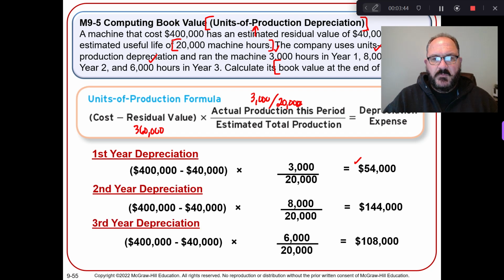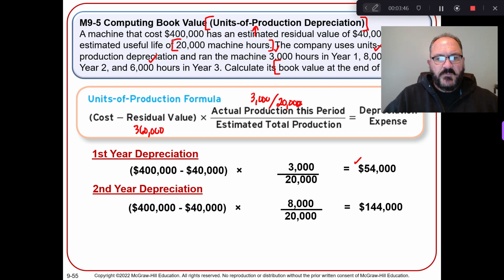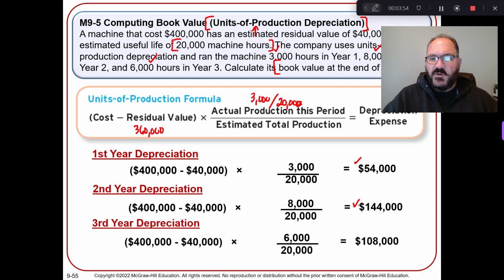Then the next one, second year, 8,000 divided by 20 multiplied by 360 gives you 144. And then the third year, 6,000 divided by 20, multiply that by 360, 108. So then you're going to have to tally all of these together. So 108, 144 is 252 plus 54.